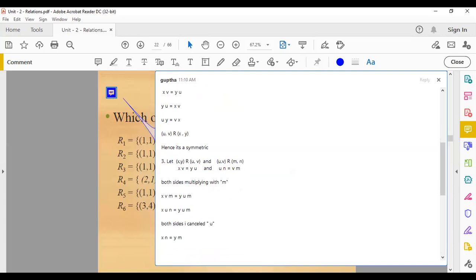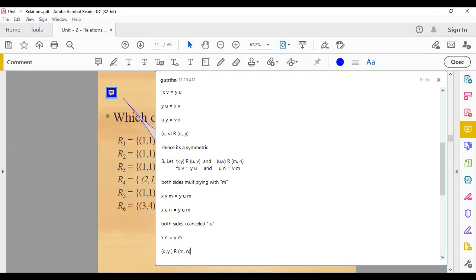So tell me guys, how can we make these changes here? (X, Y) is related to (M, N). Is it okay? Yes. See that here, XN is equivalent to YM. So it is possible to write it down like this: (X, Y) related to (M, N).